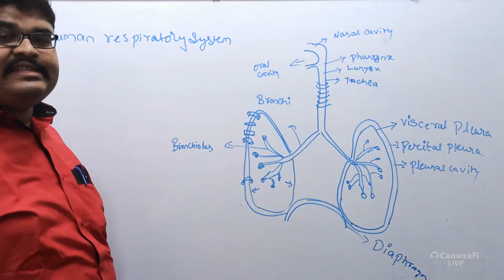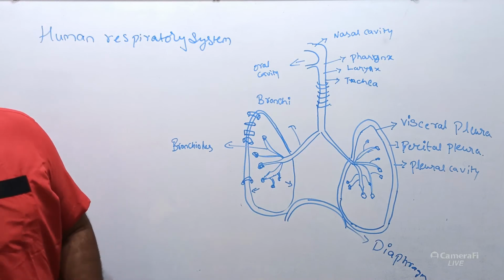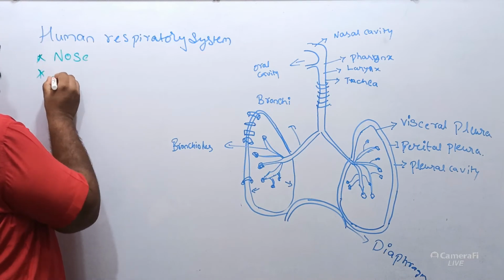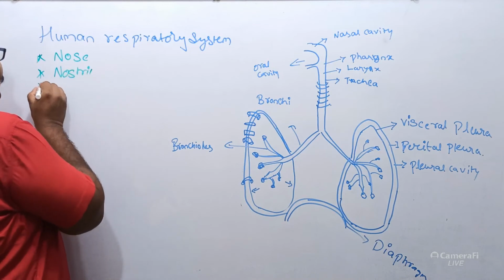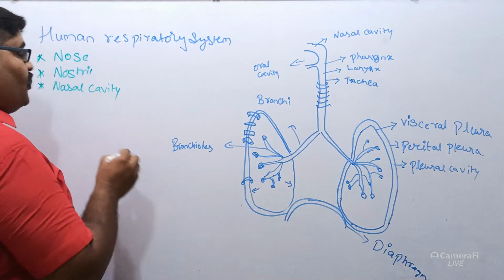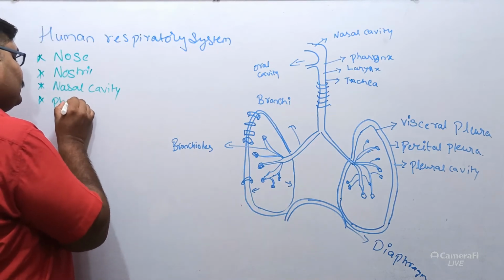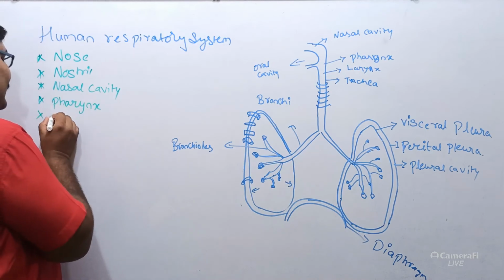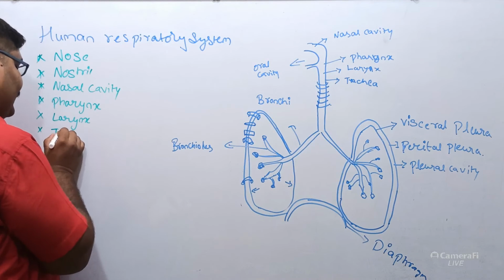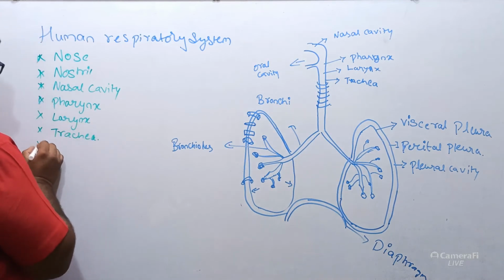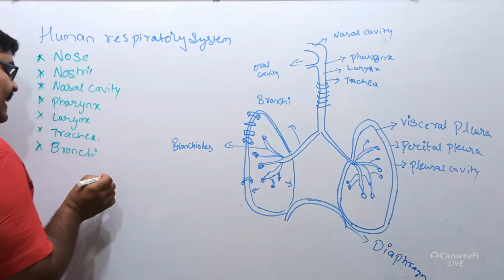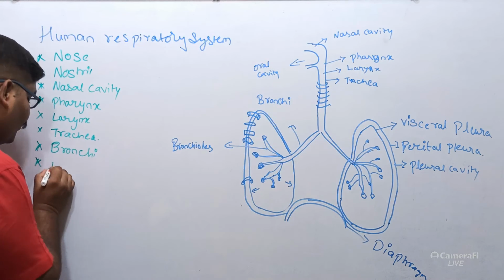The human respiratory system consists of various parts, starting with the nose, then the nostril, then the nasal cavity, followed by the pharynx, followed by the larynx, then the trachea, then the branches of the trachea, that is the bronchi, and the branches of the bronchi, that is the bronchioles.